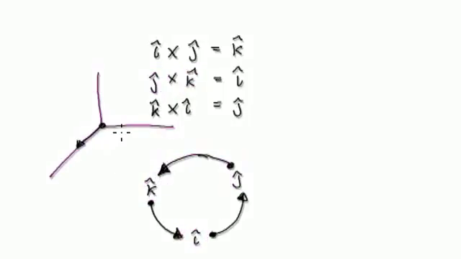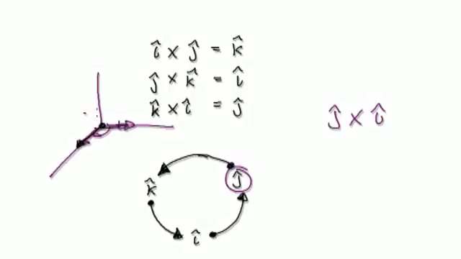But if you're trying to cross J with I, so this is your J, this is your I, you've got to make this sweeping action.